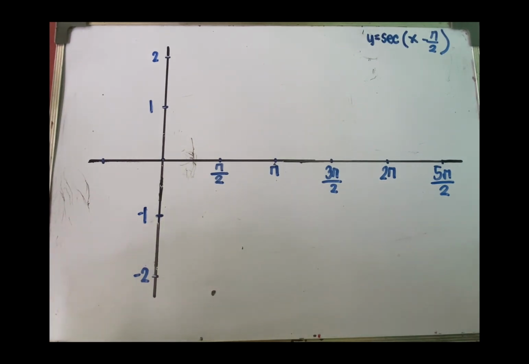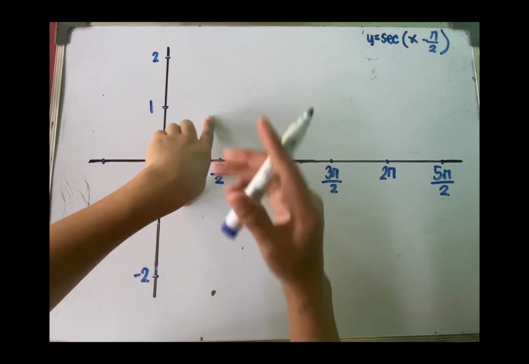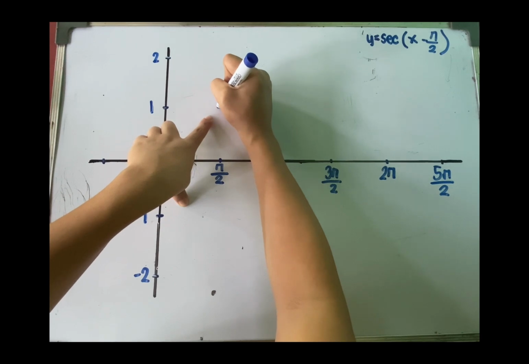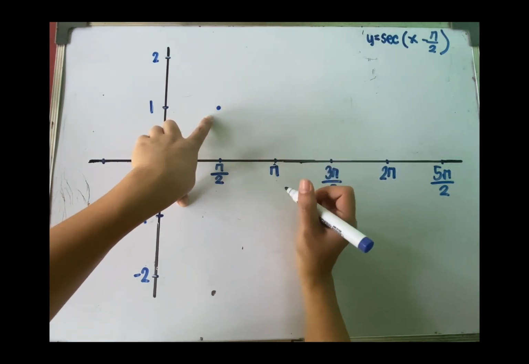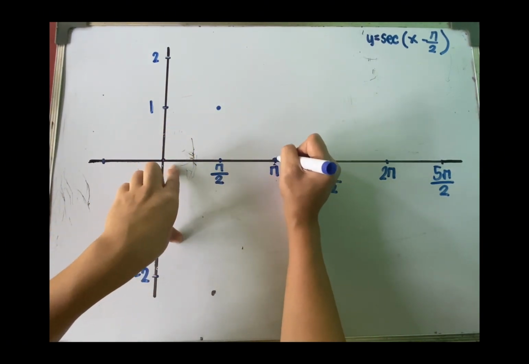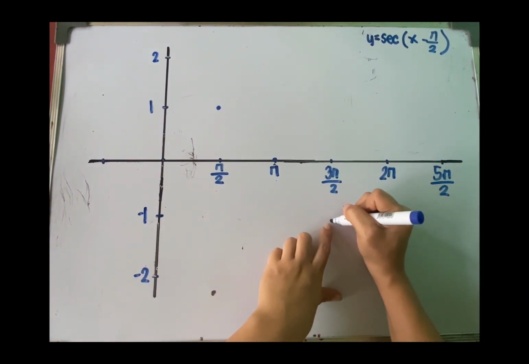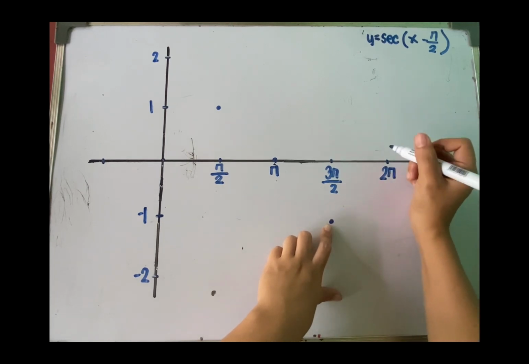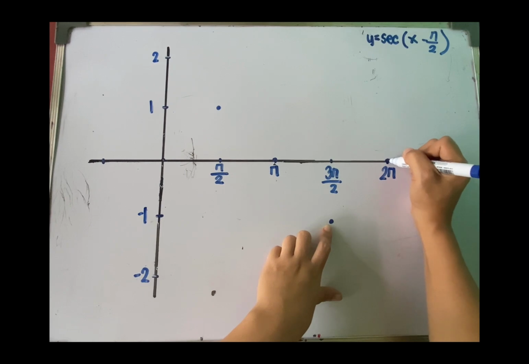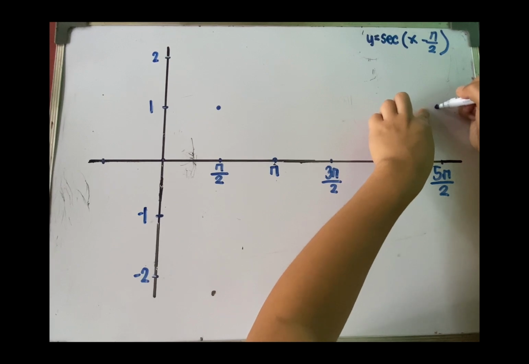Now, since we are ready for graphing, let's do the plotting. Our pi over 2 is at 1, our pi is at 0, our 3 pi over 2 is at -1, our 2 pi is at 0, as you can see in our table of values earlier, and our 5 pi over 2 is at 1.